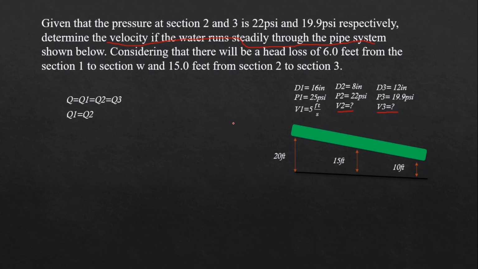And the equation for Q, which is the discharge, is Q equal to AV, where A is the area and V is the velocity.